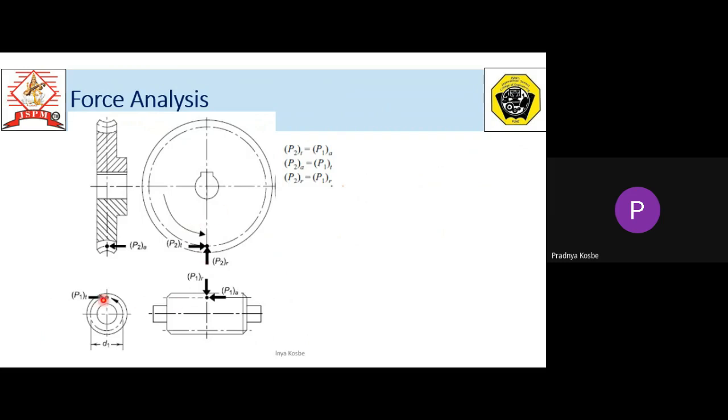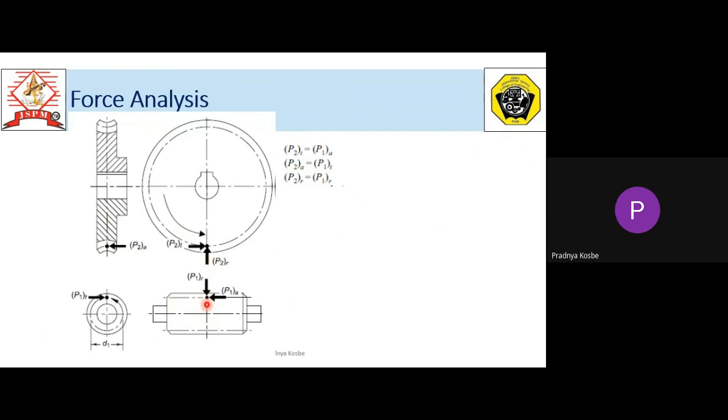For a worm we will use subscript 1, and for a worm wheel we will use subscript 2. You can see the radial force always acts towards the center.